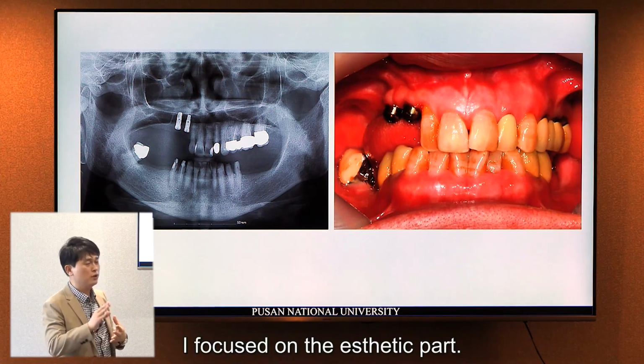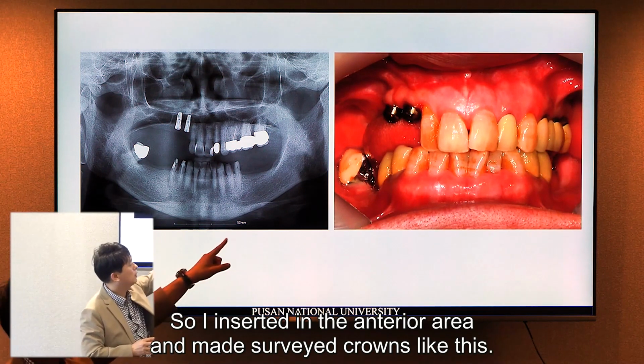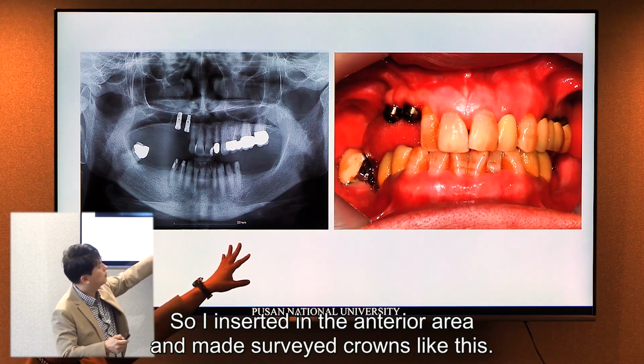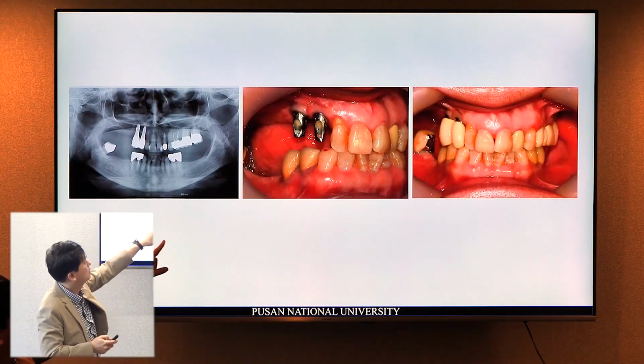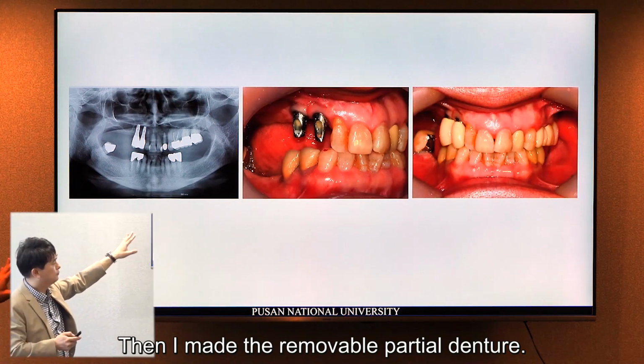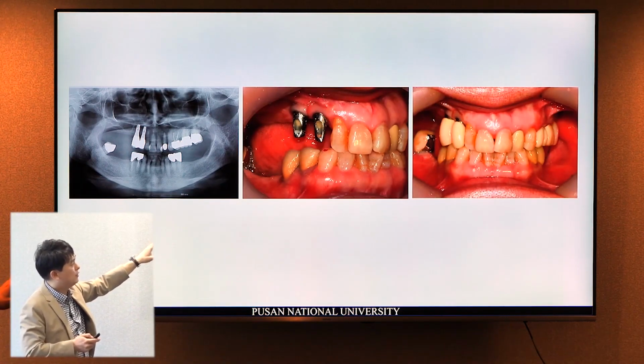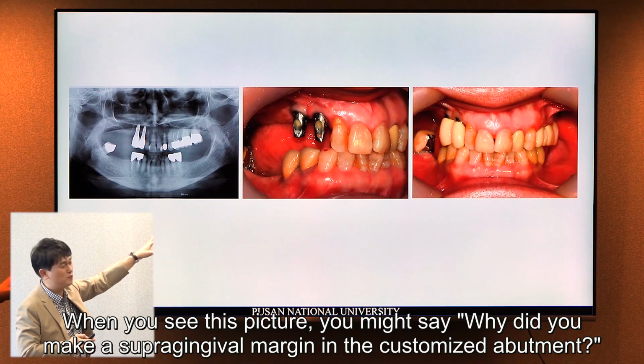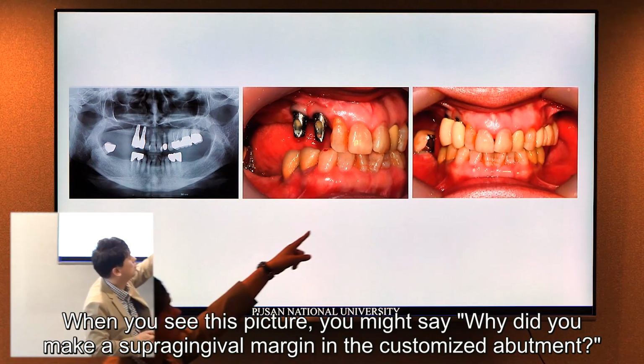So I focused on the aesthetic part. So I inserted the anterior implants and then made the surgical crown like this, and then made the removable partial denture.